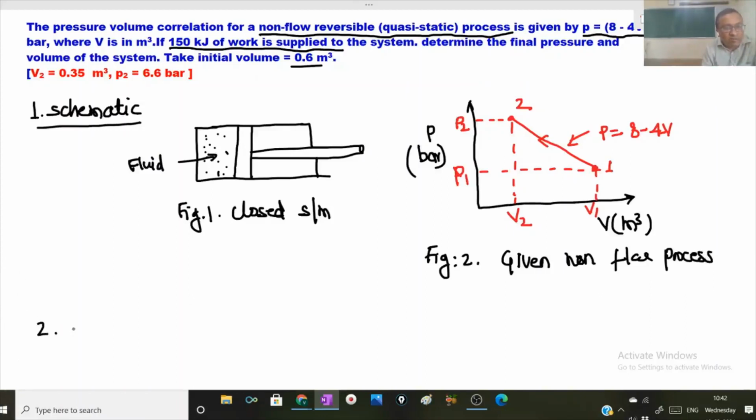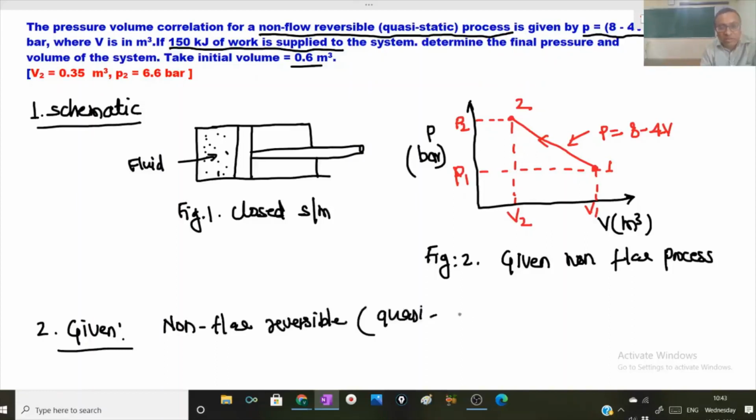After drawing the required schematic, enlist all the given things. The very first information I would like to enlist here is non-flow reversible or quasi-static process. This information is of utmost importance for me.